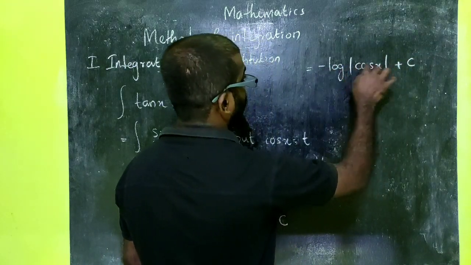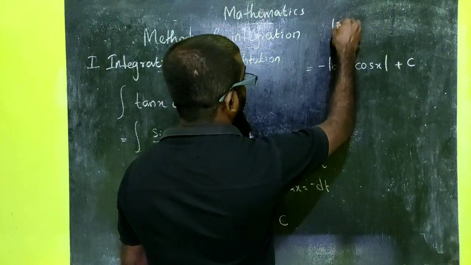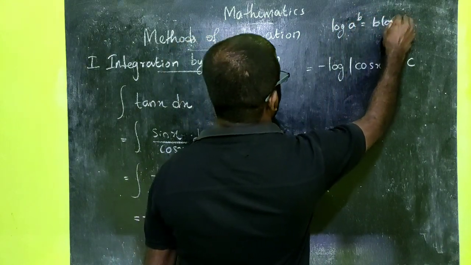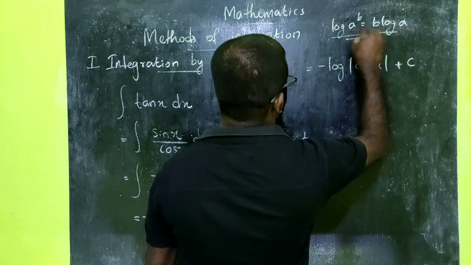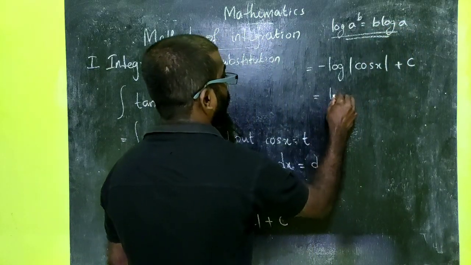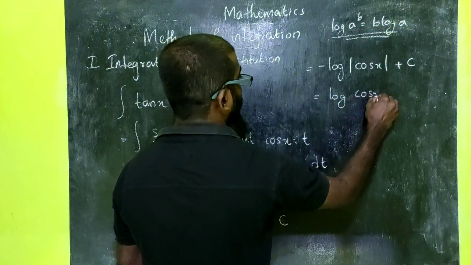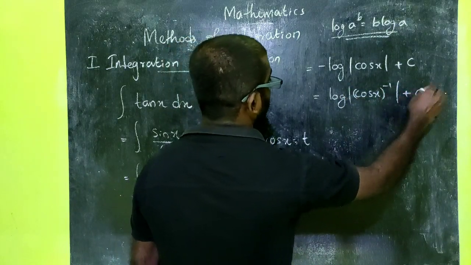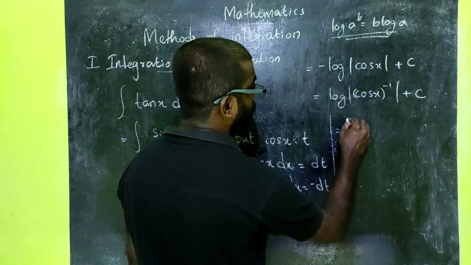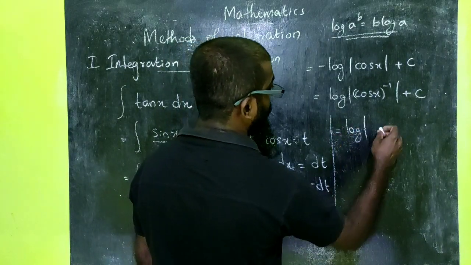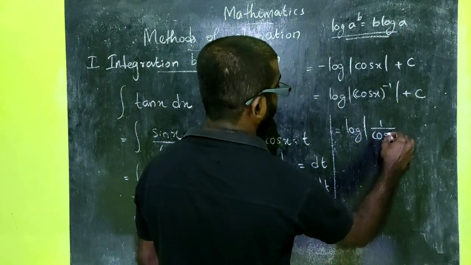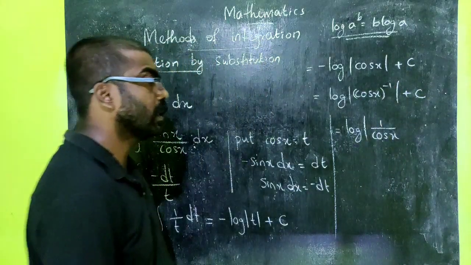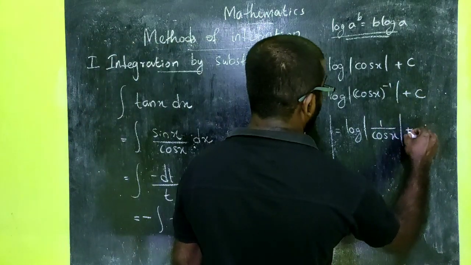This minus sign we can take to the power, using the property log a raised to b is equal to b log a. So we can write log of cos x raised to minus 1 plus c. This can be written as log of modulus 1 by cos x, since cos x raised to minus 1 is 1 by cos x, plus c.